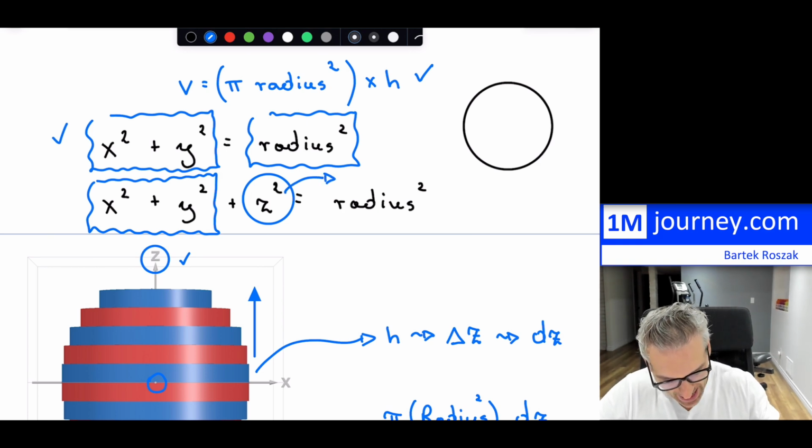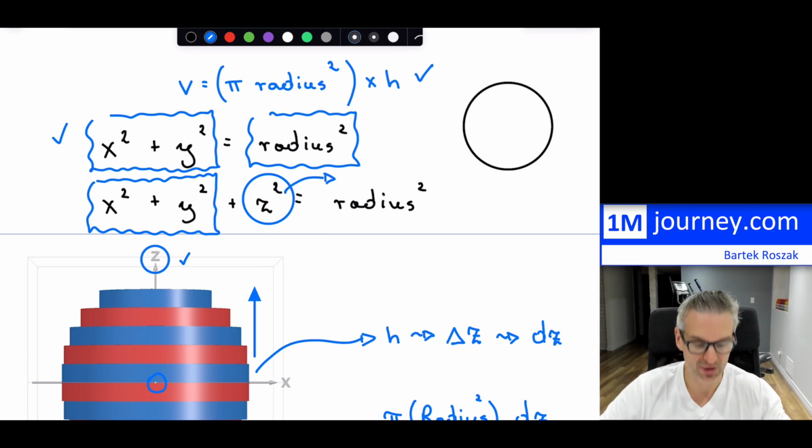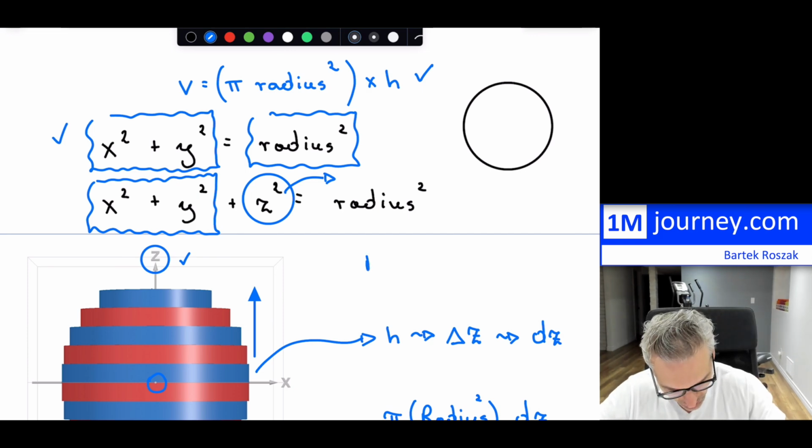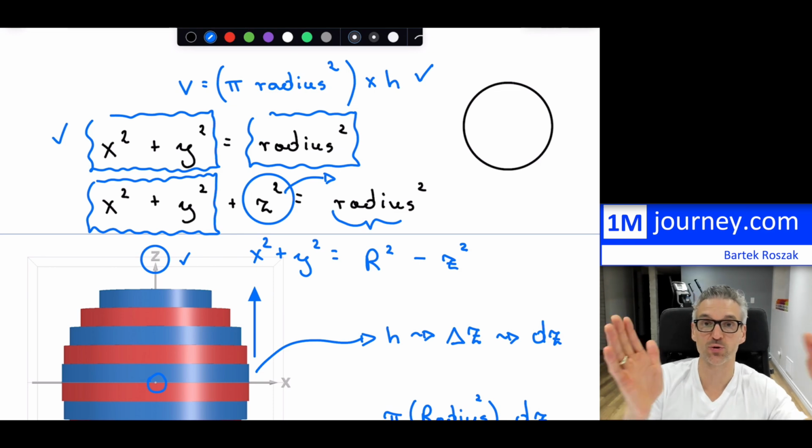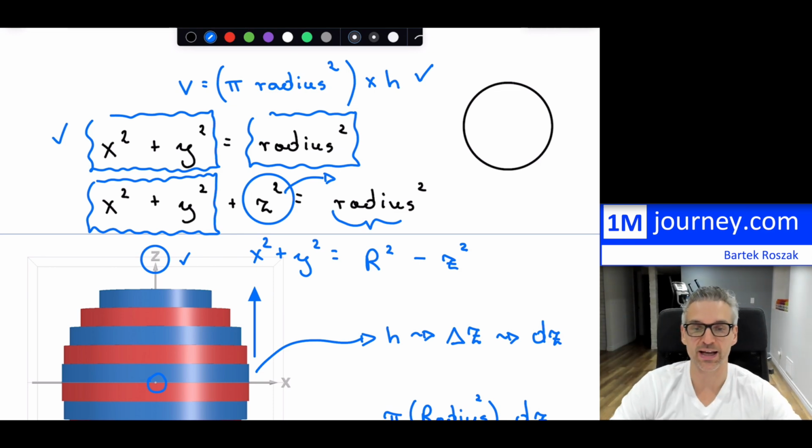So now what's going to happen when it shifts over? I'm going to stop writing radius, and I'll just put r squared, so that's this right here, and when you shift this over, this is going to be z squared. So your equation is now going to be x squared plus y squared. Notice this is the 2 dimensions, and it's equal to the radius squared on the right-hand side.